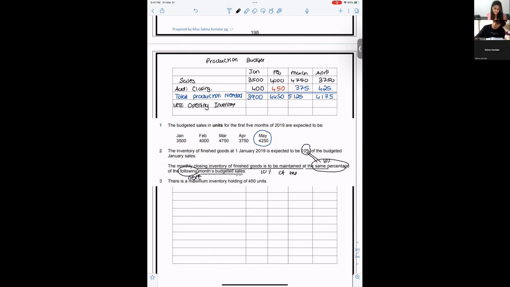Opening inventory is 10% of the budgeted January sales. Budgeted January sales is 3,500, so 10% is 350. This will be 400, this will be 475.